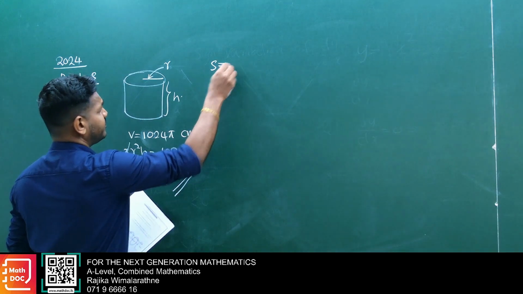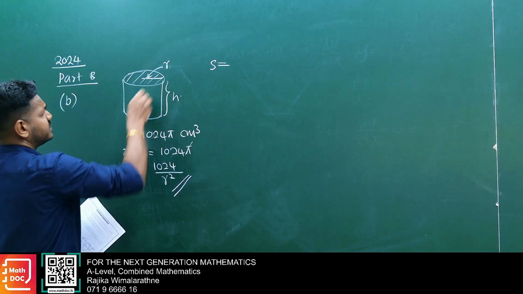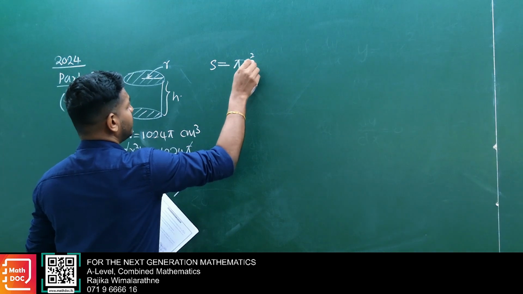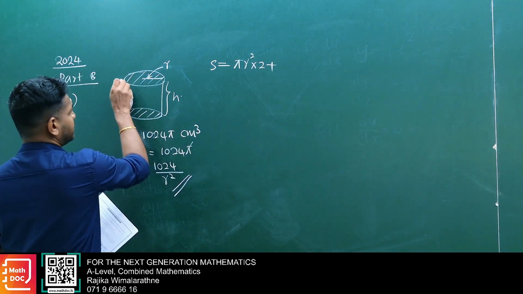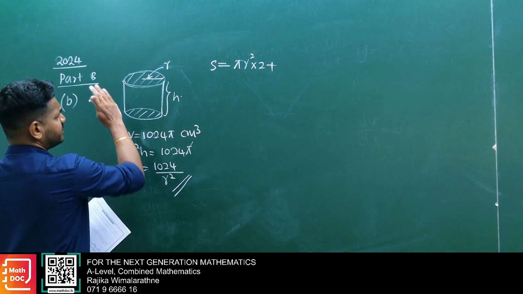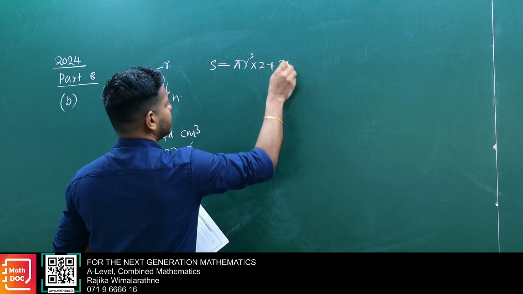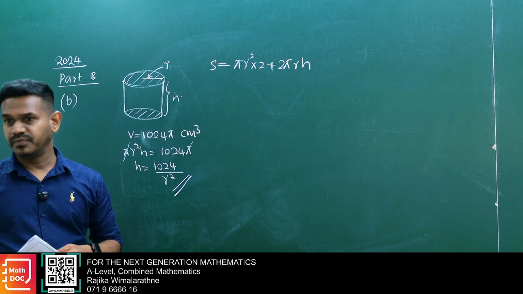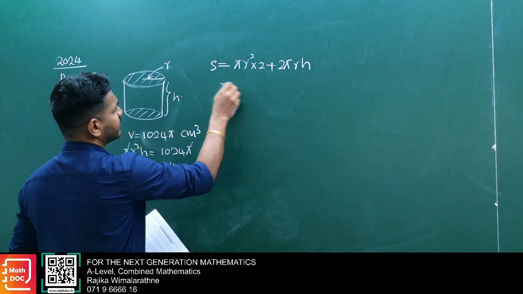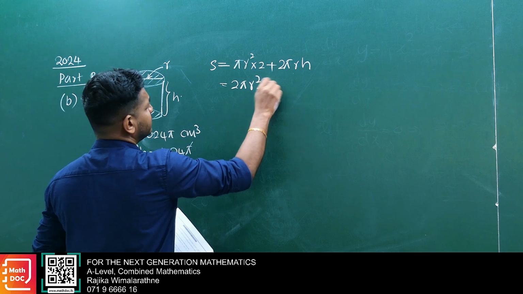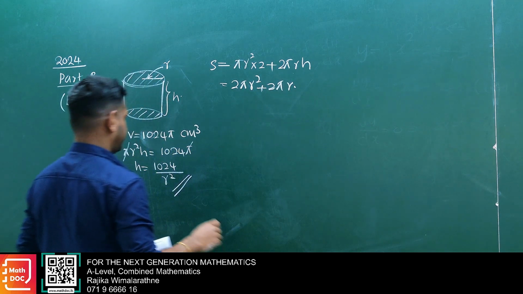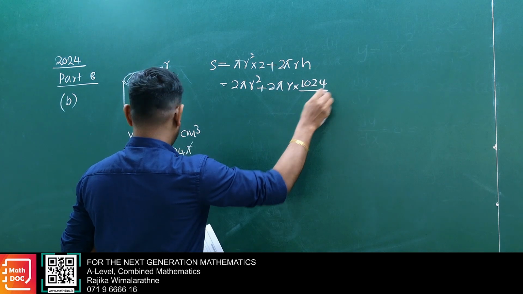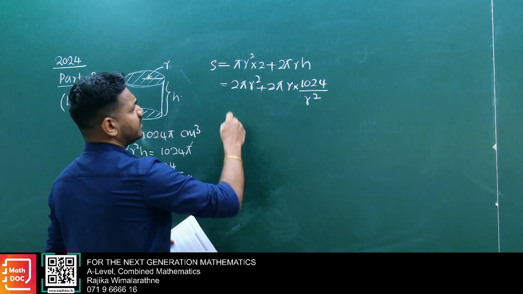Then the surface area: two circular bases, pi r squared times 2, plus the outer surface area, 2 pi r h. Here the value of h you take from here, 1024 divided by r squared. Then cancel r.